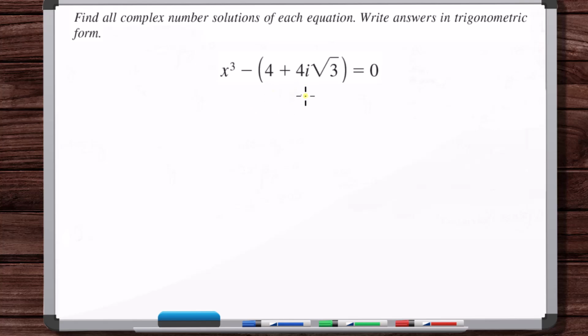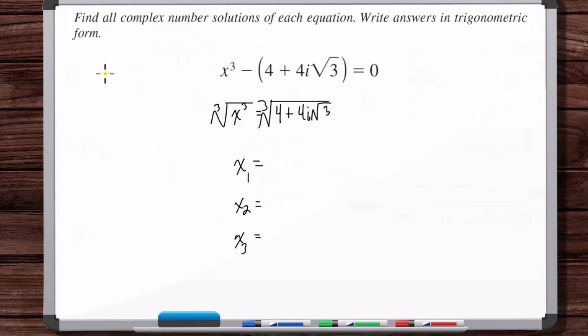Okay, let's solve this equation. So let's add this 4 plus 4i root 3 to both sides. So we've got, okay, now take the cube root of both sides. And we've got, so, okay, what are the three numbers that when you cube them, you get 4 plus 4i root 3?